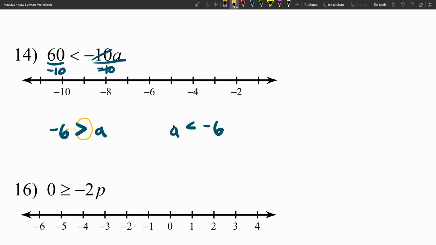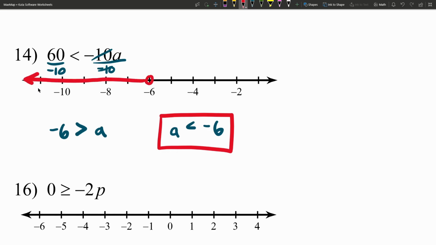When we switch that inequality, we still want that Pac-Man or that alligator to be eating that negative 6, because negative 6 still represents those greater values. So just as long as our inequality is facing the correct way, we can easily switch our sides. So a is less than negative 6. That means I'm going to find negative 6 and shade everything to the left.